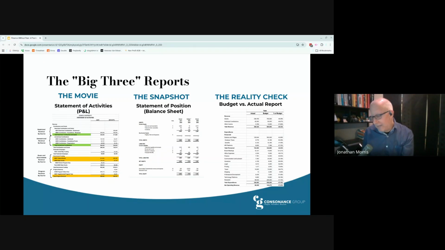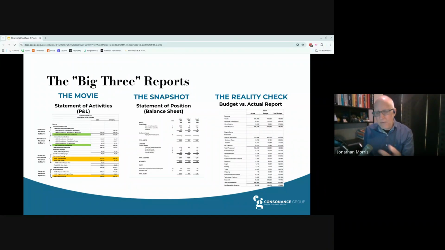Generally, certainly, the more complex the organization is, the more difficult it is to modify the budget mid-year. So if there's a major change and it's worth the effort to do a full budget modification, then that's something to be undertaken.